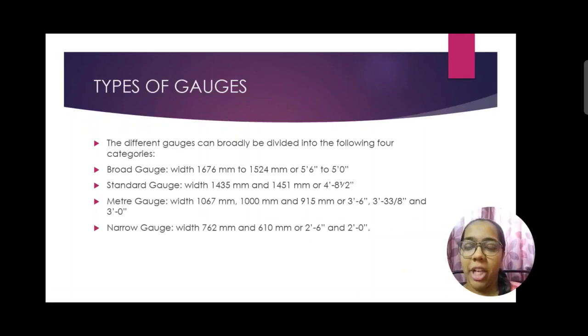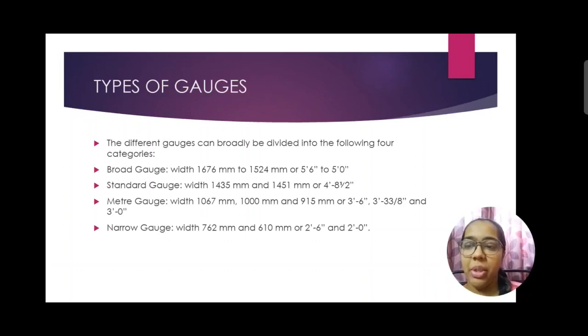First, broad gauge, which has a width of 1676 mm to 1524 mm, or 5 feet 6 inches to 5 feet 0 inches. Second, standard gauge, which has a width of 1435 mm and 1451 mm, or 4 feet 8 and a half inches.